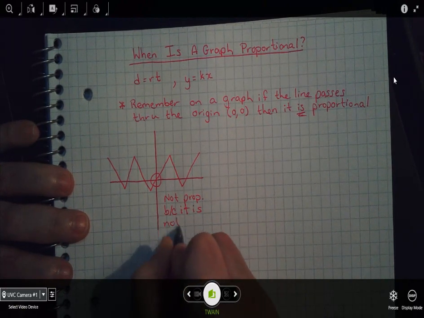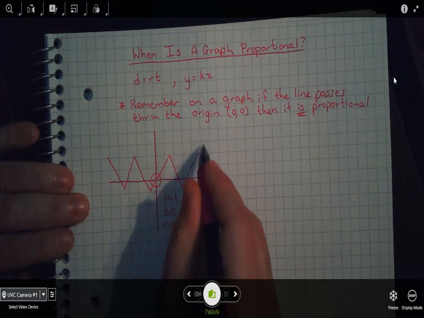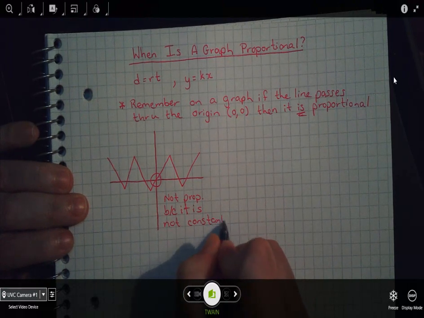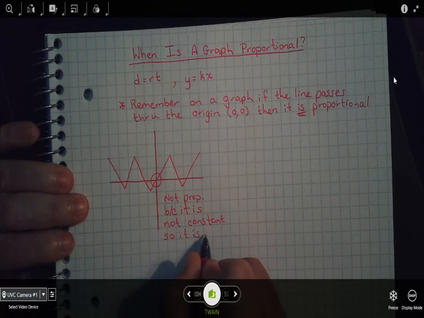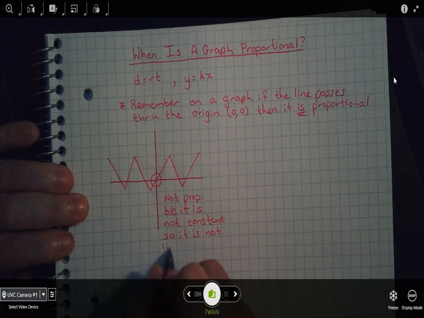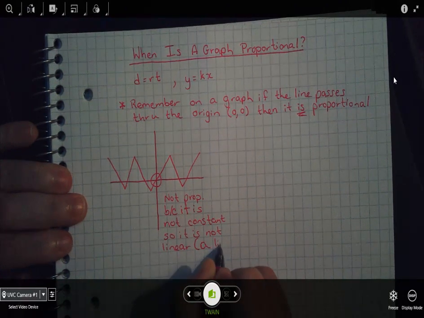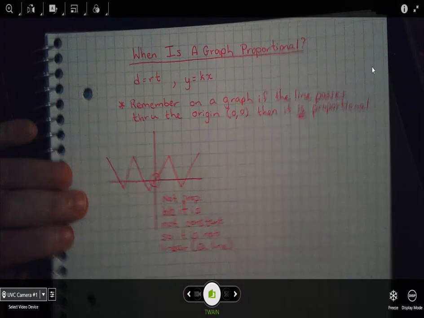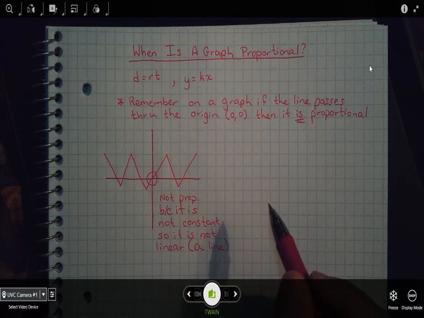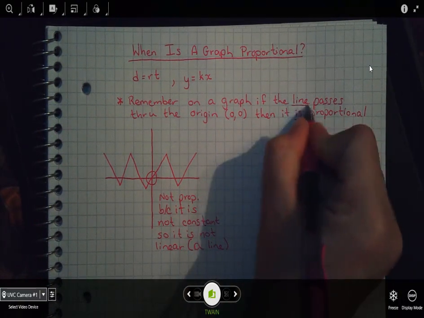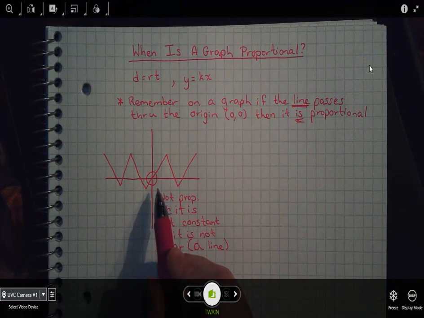It is not constant. It changes. It goes down and up and down and up and down and up. So it's not constant. So it is not linear, which means a line. Okay? So even though it crosses through the origin, you have to be careful because it has to still be a line. And that's why right here it says if the line passes through. Okay? This is not a line.